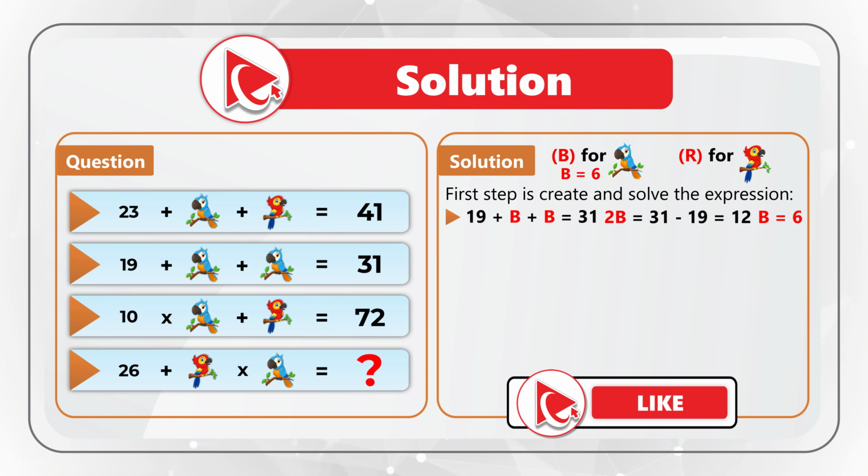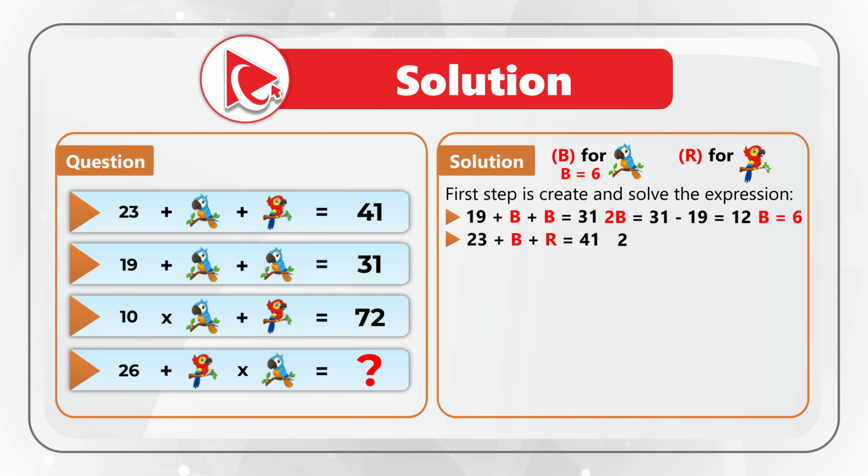Knowing the value for blue parrot, we can solve the first expression. 23 plus B plus R equals 41, which means that 23 plus 6 plus the missing variable R equals 41. After the calculations, R equals 41 minus 29 equals 12. Technically, we don't even need the third expression, because having the first and second expressions allows us to solve both variables.